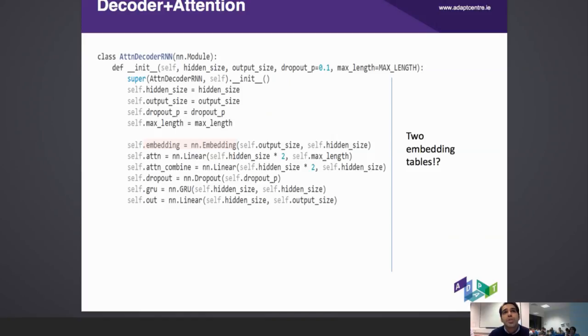Basically, in this embedding table, we have Farsi, Persian, or Russian words if we are translating into one of these languages. And in the first embedding table, we have words from our source side. The structure is the same: this dimension is the number of unique words on the target side, and this dimension is the size of our embedding.